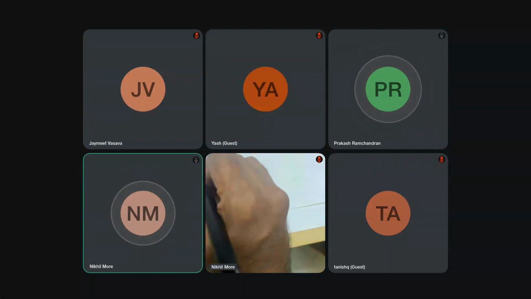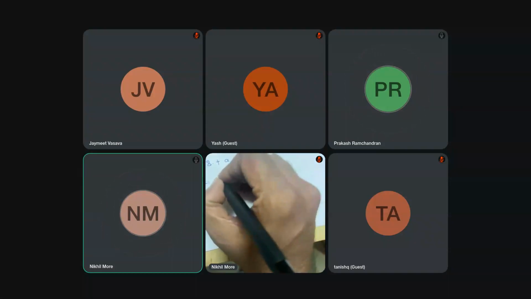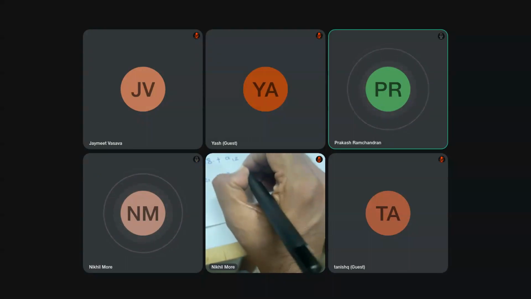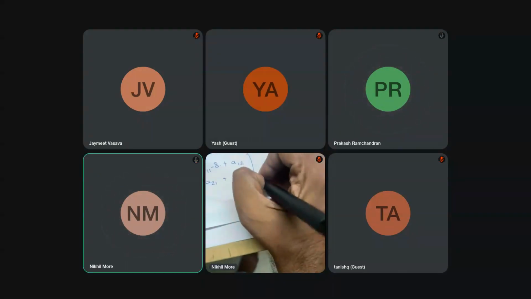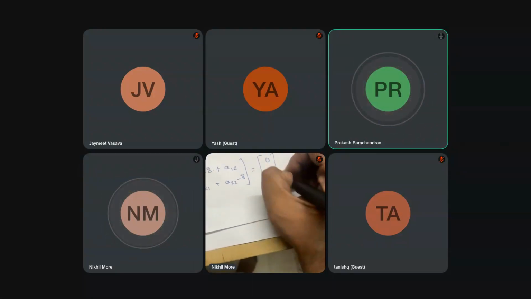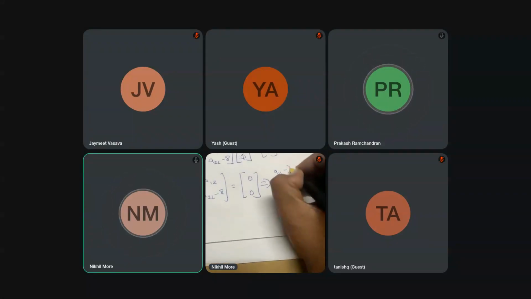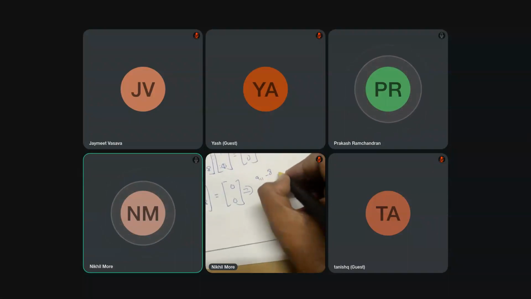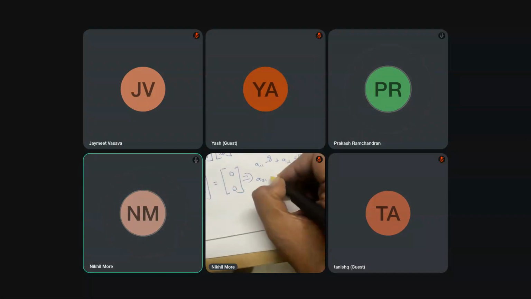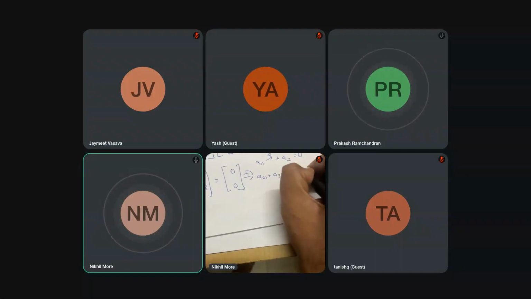The lower element would be A21 into 1 plus A22 minus 8 into 1. This gives us 0 0. So that implies that A11 minus 8 plus A12 is 0, and A21 plus A22 minus 8 is 0.